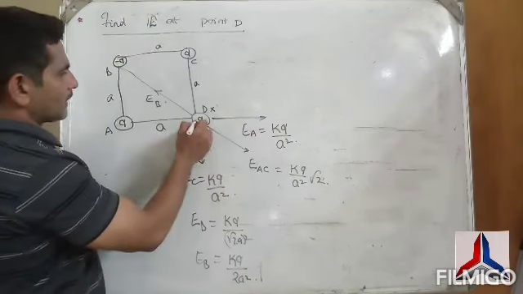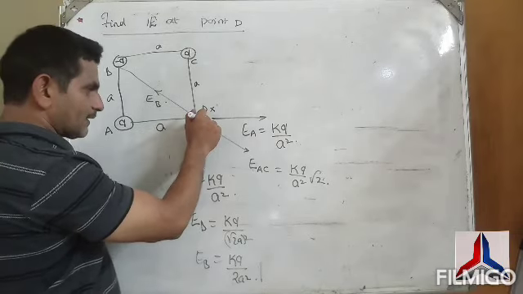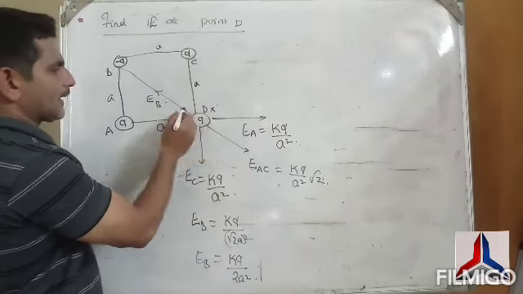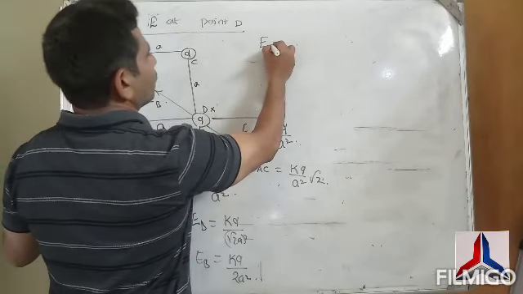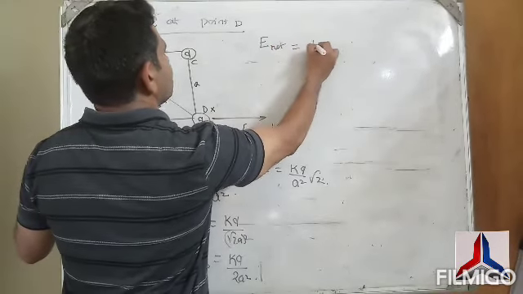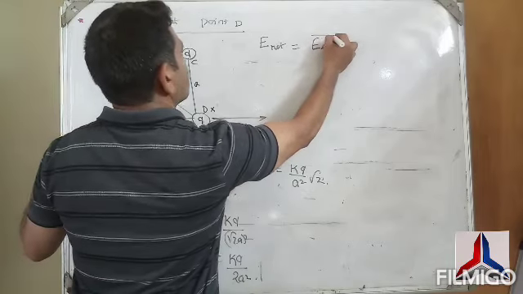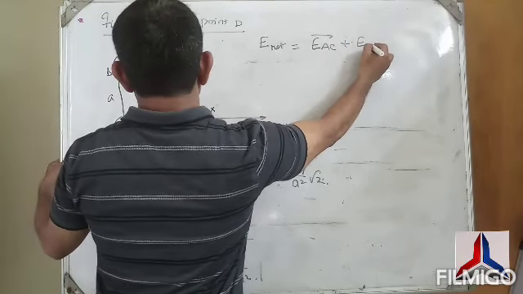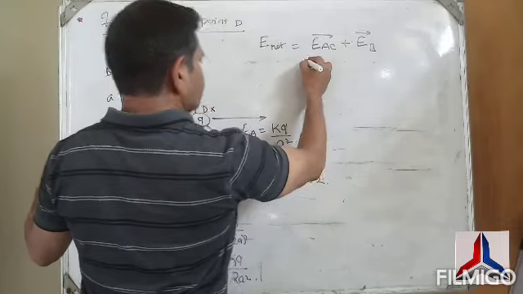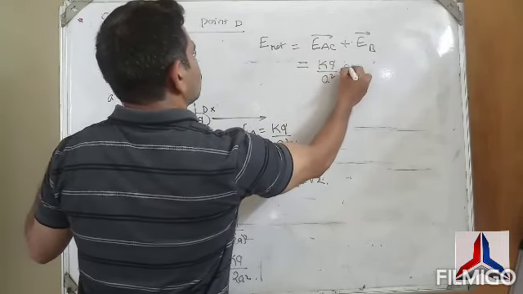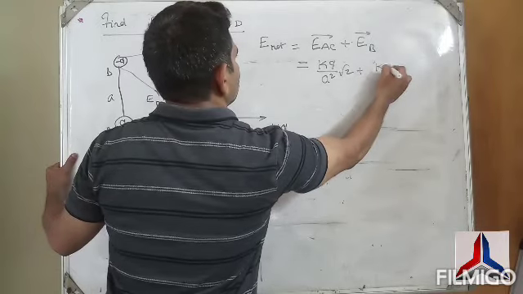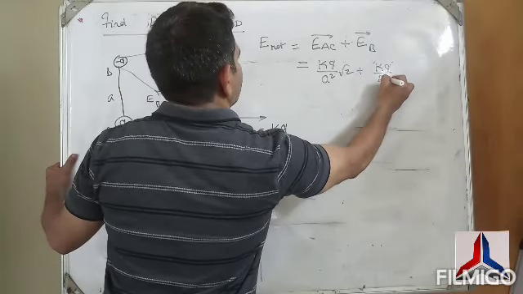Understand? So the resultant electric field intensity at this point: these two are in opposite directions, therefore net electric field intensity is EAC bar plus EB bar. That value is KQ by A square root 2 plus KQ by 2A square.